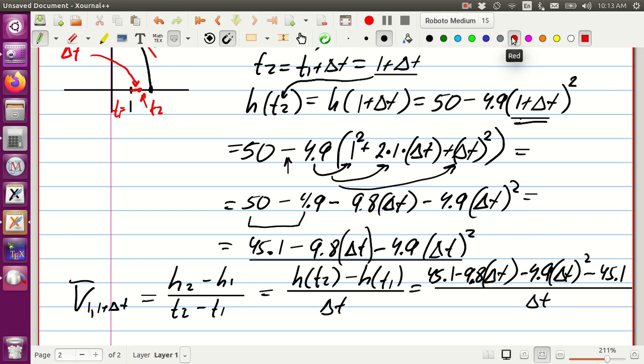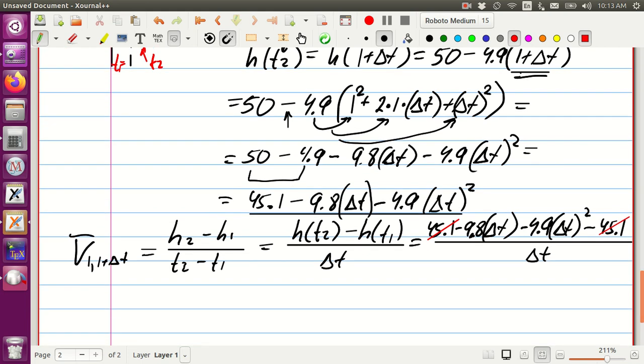What do we mean by this? We have a positive 45.1 in front, and we have negative 45.1 at the end, so they add up to 0. So we say equal to, and we write negative 9.8 delta t minus 4.9 delta t quantity squared divided by delta t.